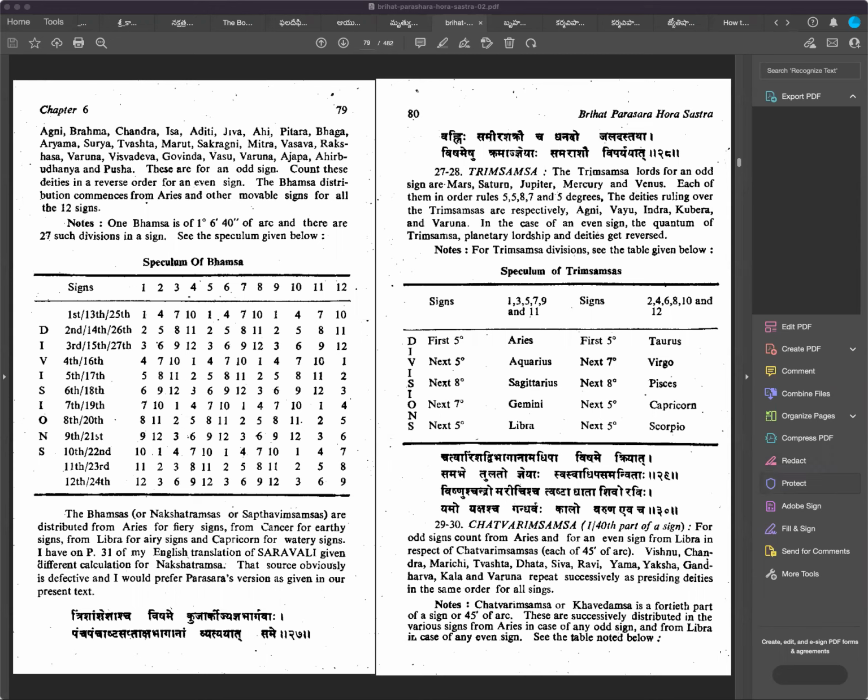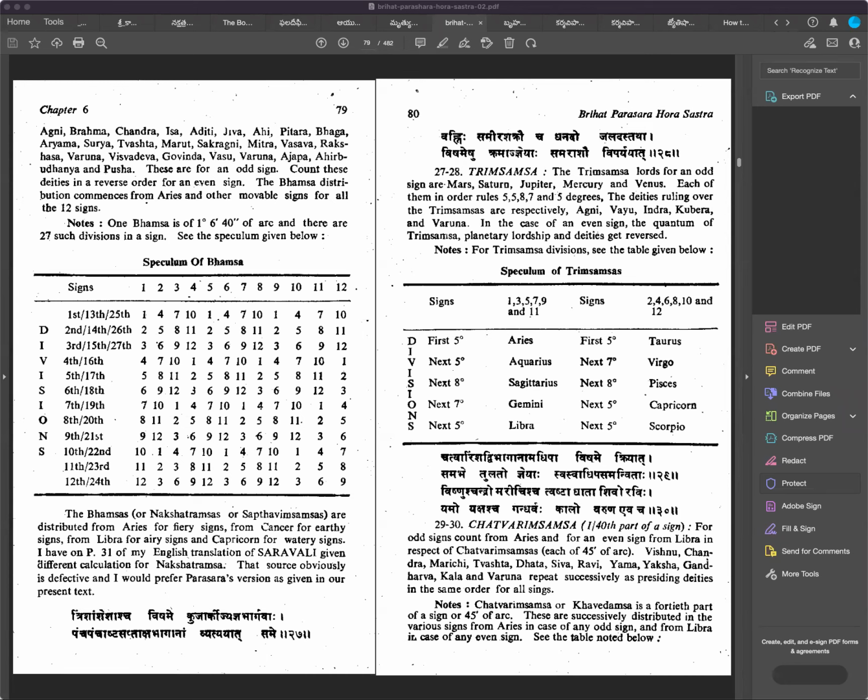So each and every sign is divided into 27 parts. Each sign has 30 degrees, and 12 signs into 30 degrees makes 360 degrees. So each part is 1 degree, 6 minutes, 40 seconds.